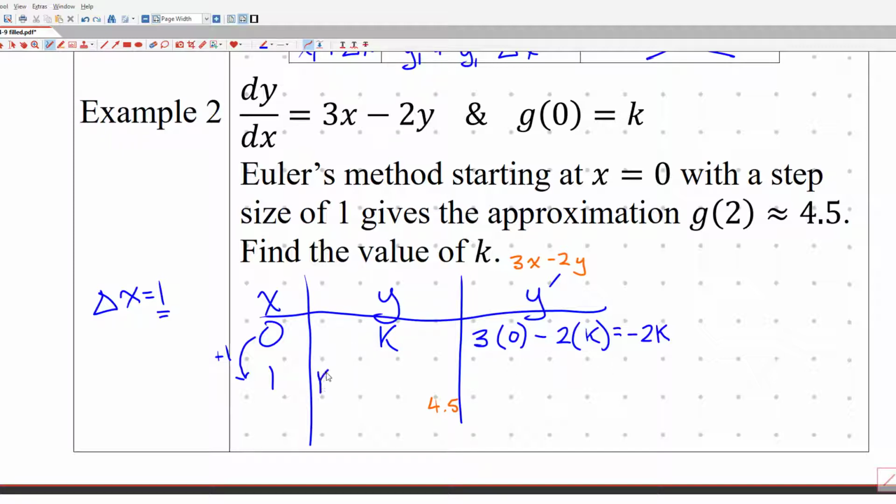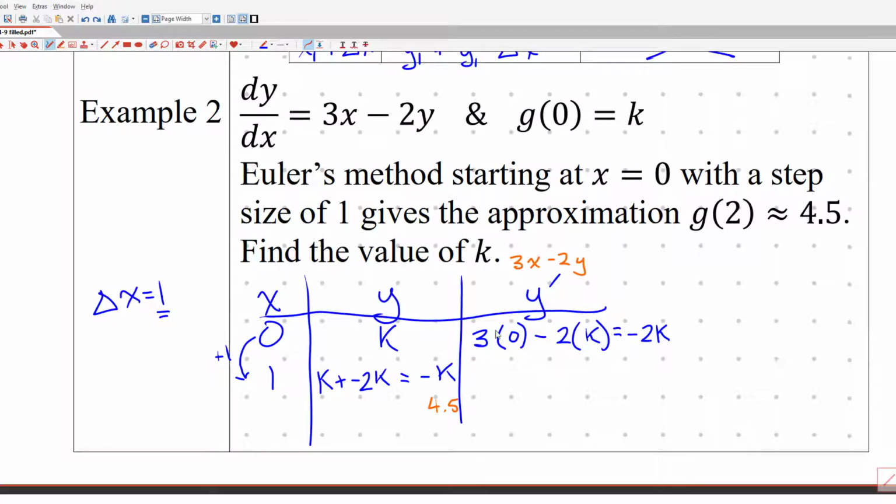That old value of the y coordinate, and then I'm going to add this multiplied by 1, which is just adding negative 2k, and our final answer for our new y coordinate is negative k. Okay, so again, you're plugging into this derivative, which came from up here, to get this spot right here.